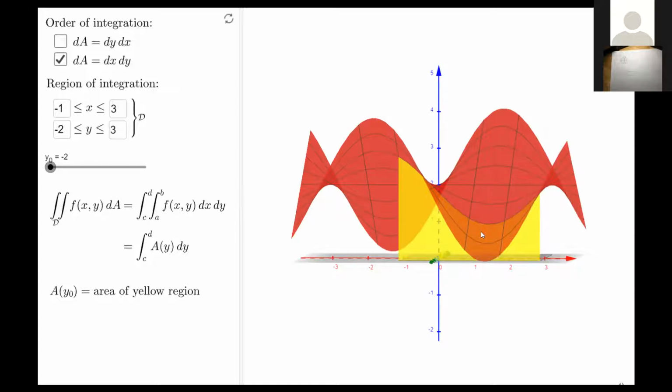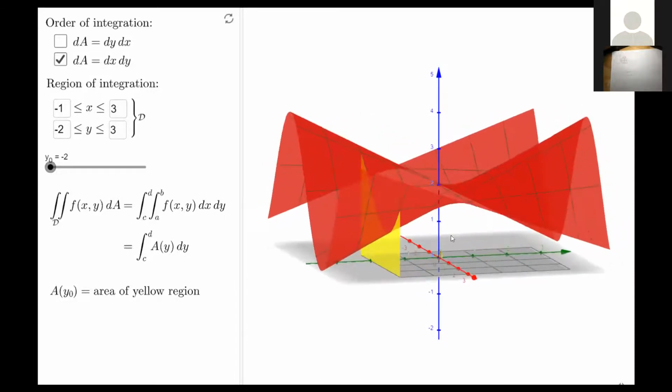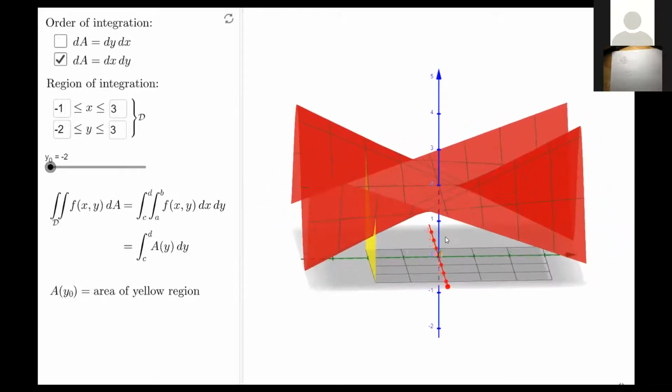So that's how we evaluated the first integral, with techniques learned in Cal 2, right? And then with the second integral, I basically summed all of these areas up along the y-axis. And that's how I get the volume. That's exactly what we did when we evaluated volumes of solids of revolution, right?